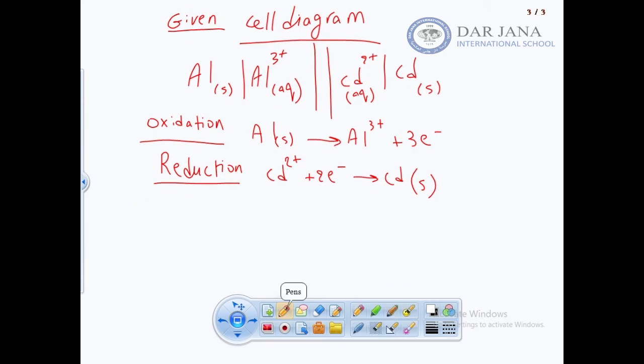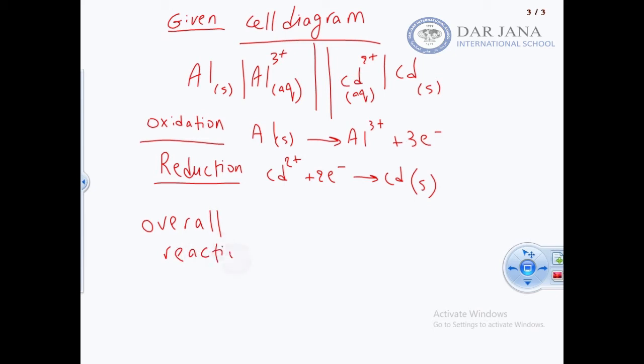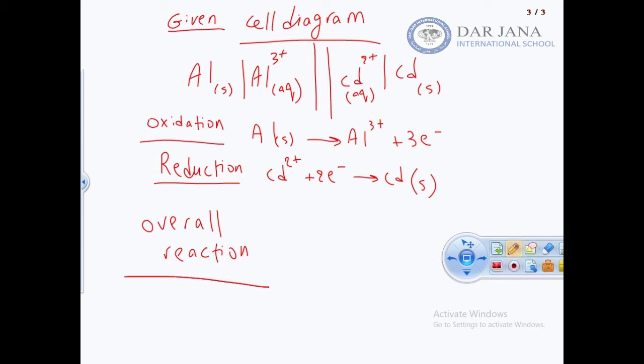So from the cell diagram or the cell notation, I can write the oxidation and the reduction half reactions. If I want to write the overall reaction now, keep in mind, whenever we need to find the overall reaction, we need to balance the electrons.